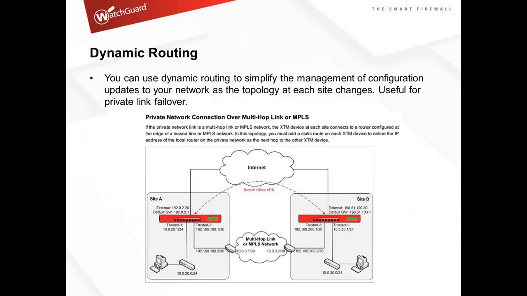So dynamic routing slipped into the agenda, so I just want to briefly talk about that. One of the drivers behind dynamic routing was really to be able to have that MPLS failover where we spin up a branch office VPN.